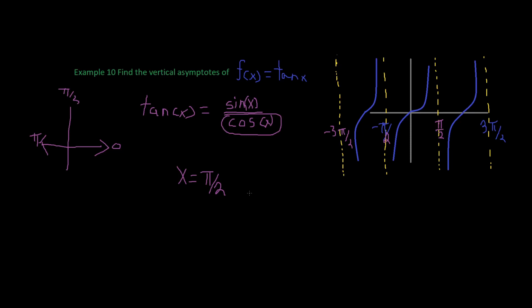Plus n pi. Why n? Because n signifies that this is going to change for a given asymptote. And pi, because how long does it take for us to change over here? That's 1 whole pi. 1 pi takes us to change from over here to over there. It gives us another asymptote.